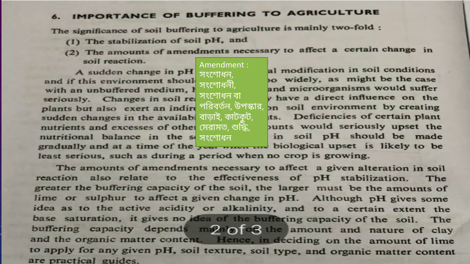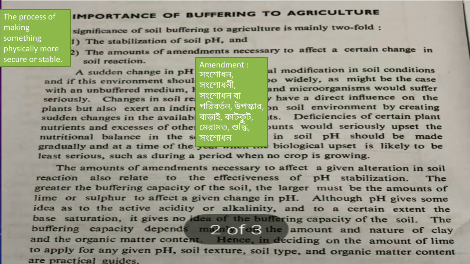Let's see the first point, the stabilization of soil pH. Stabilization means the process of making something more secure or stable. So, making pH stable is the reason for buffering in soil.